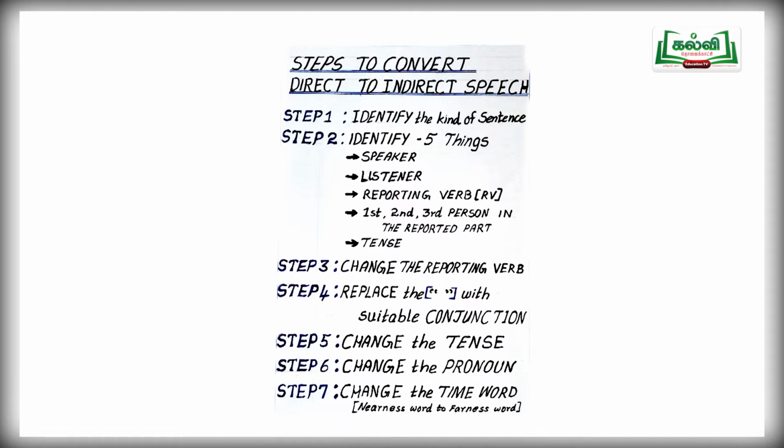Step 3, change the reporting verb. Step 4, replace the inverted commas with a suitable conjunction. Step 5, change the tense. Step 6, change the pronoun. Step 7, change the time word, that is, nearness to farness word.